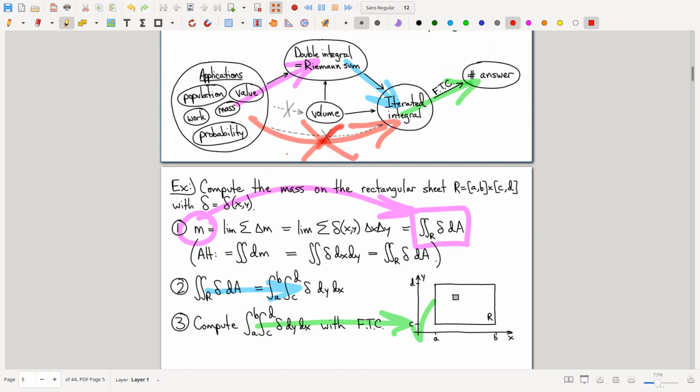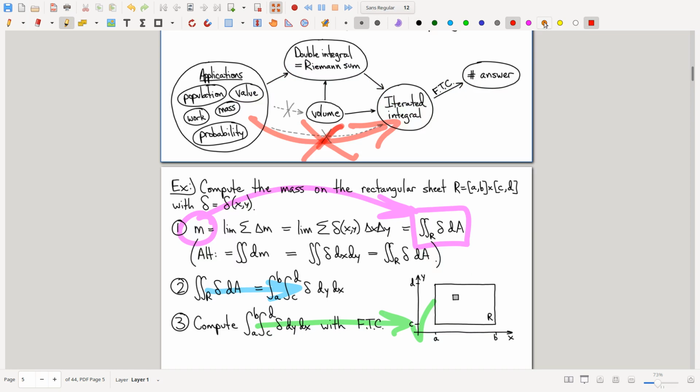Now it gets us to the right iterated integral, but it doesn't make sense as an argument. So we went to a lot of trouble to point out that as bad reasoning.